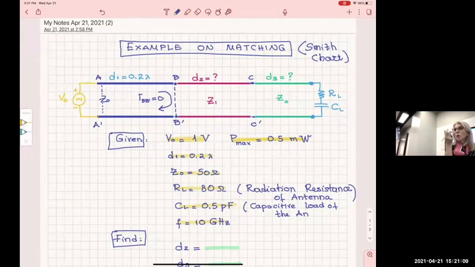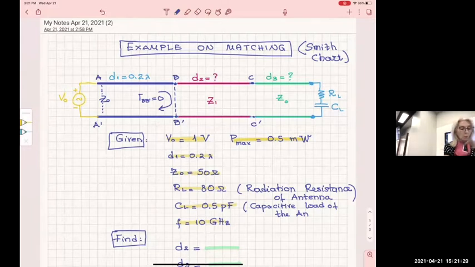The source is going to connect, the power is going to start going down the line, and when it arrives at BB prime, it's not going to see a reflection. So it's going to be absorbed by the rest of the circuit. That's what it means. So the reflection coefficient there has to be 0.